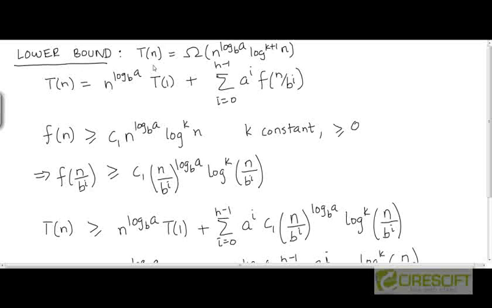Let's try to prove now that T of n is in big omega of n to the power log base b of a times log to the power k plus 1 of n.